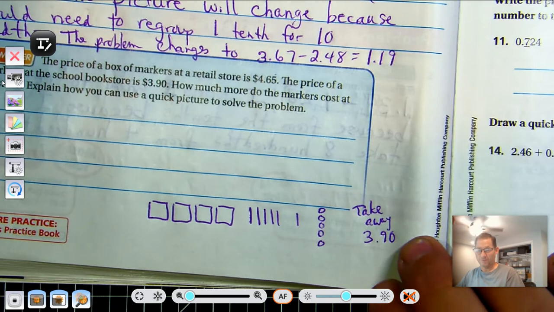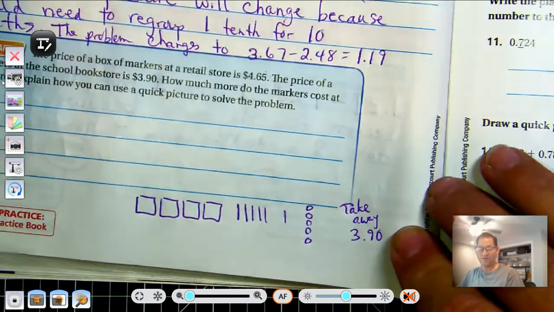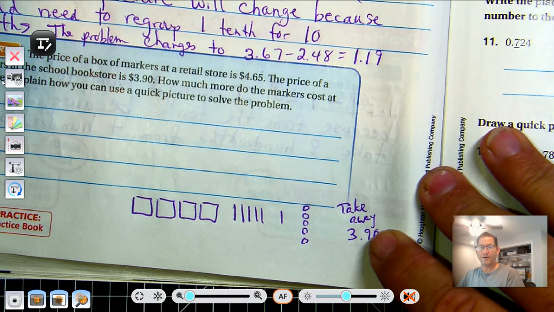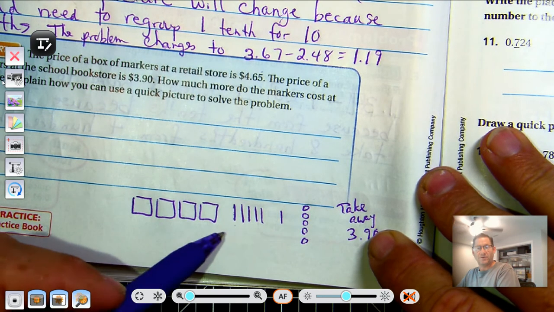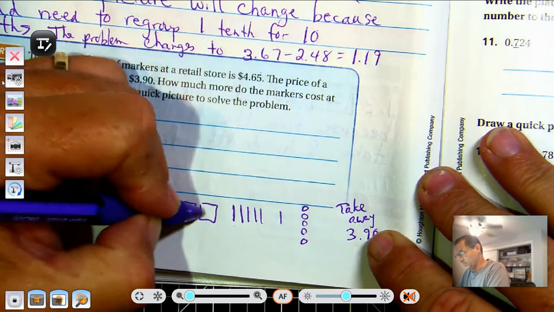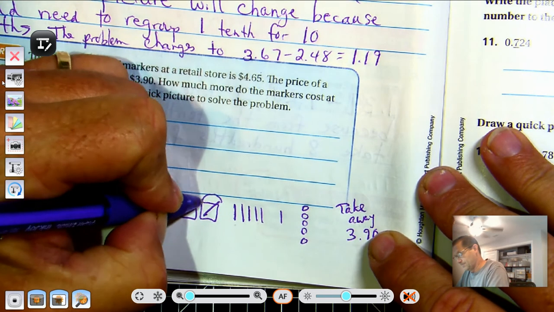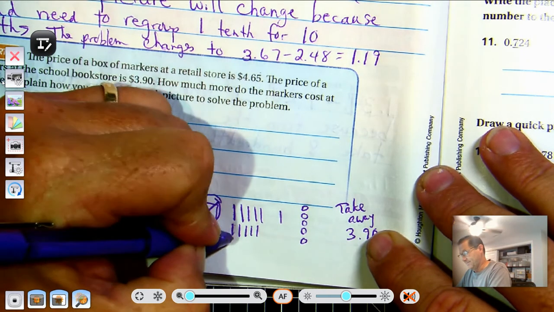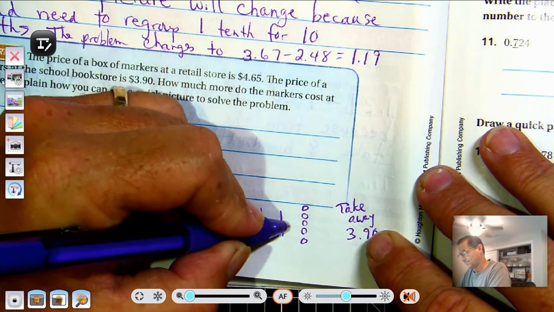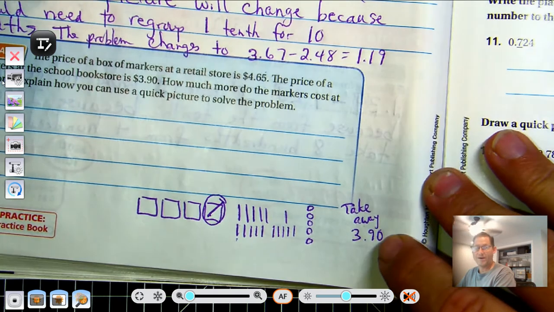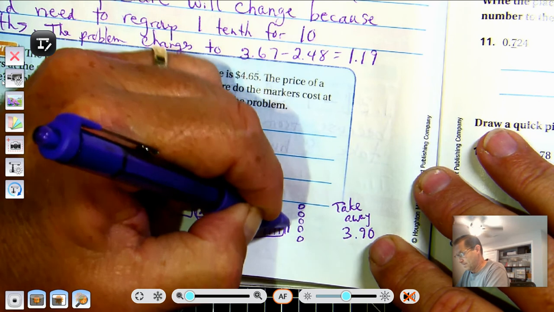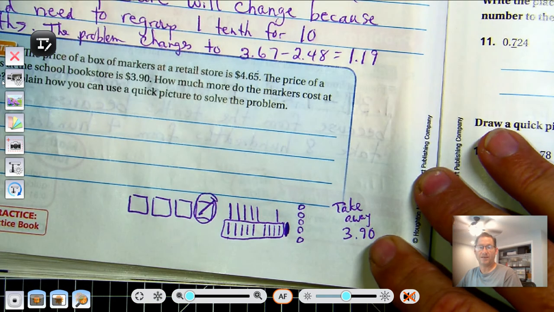$3.90. Well, let's start with the hundredths. Can you take away 0/100ths? Yeah, that means don't change it. Don't take any of the hundredths away. Can you take away 9/10ths? Well, not right now because there's only 6/10ths. So let's regroup from the ones and give 10/10ths. Okay, now can we take away 9? Sure. So that's going to leave us 7/10ths.